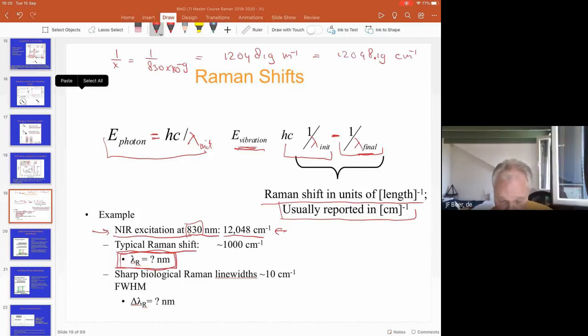And then the typical Raman shift was 1,000 inverse centimeter. So what does that mean for the energy of the photon that's being emitted? The 1,000 inverse centimeter of the energy is absorbed by the molecule.